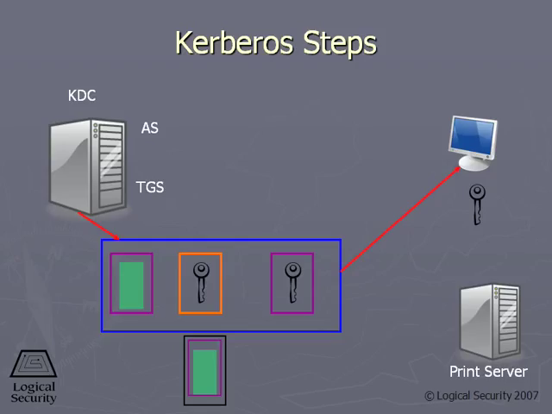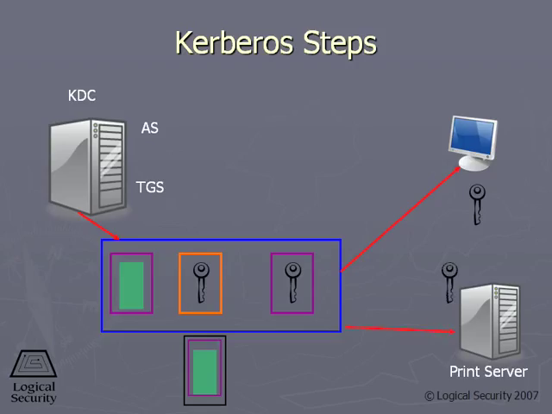One's encrypted with my secret key, one's encrypted with the other principal's secret key, and it also put this information called the authenticator, and encrypted it with the print server's secret key. I got the ticket, I used my secret key to extract the session key, then I put some information in the authenticator, basically, this is Sean Harris, and I encrypted it with the session key.